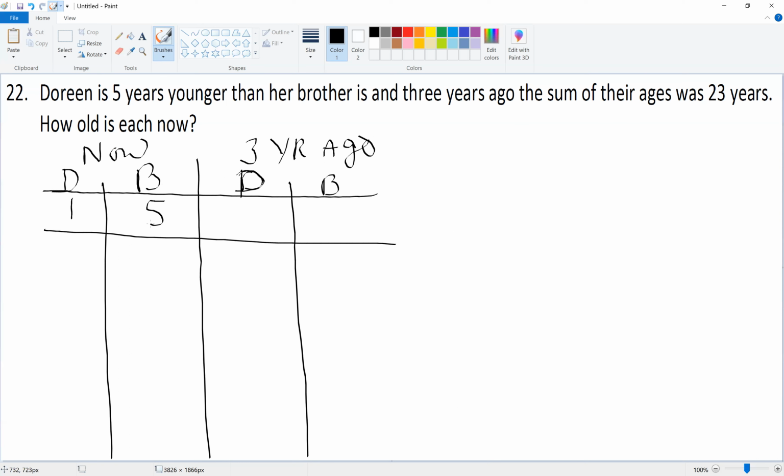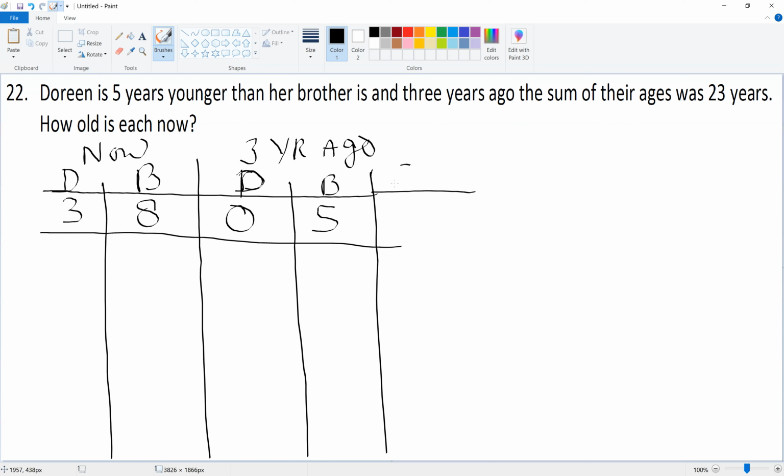But unfortunately, we cannot do 3 years ago, right? So we have to start at least at 3. So 3 years ago would be this age, correct? And it also said a sum. So what is the sum? The sum of their ages 3 years ago was 5.